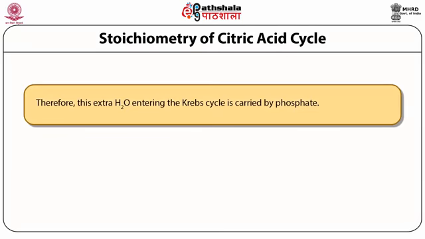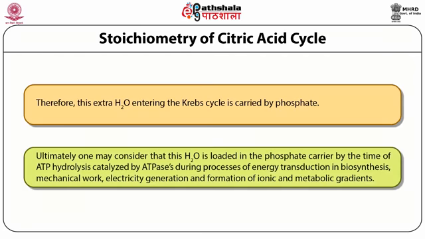Therefore, this extra water entering the Krebs cycle is carried by phosphate. Ultimately, one may consider that this water is loaded onto the phosphate carrier at the time of ATP hydrolysis catalyzed by ATPase during the process of energy transduction in biosynthesis, mechanical work, electricity generation, and formation of ionic and metabolic gradients.